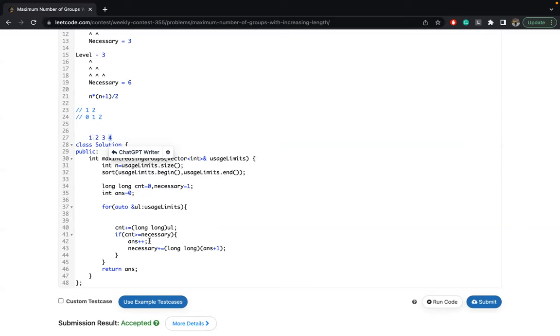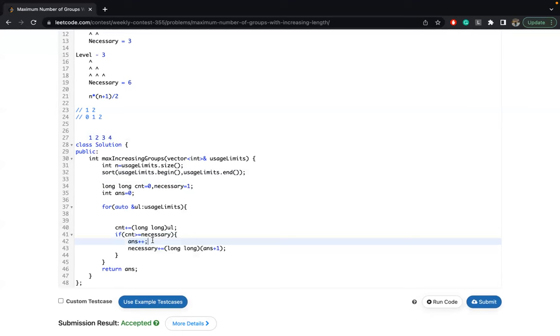So in the answer, every number which has lesser count will be included. Got it? If I am at the last point, everything will be included in the answer. If I am at this point, this number will be included in the answer.